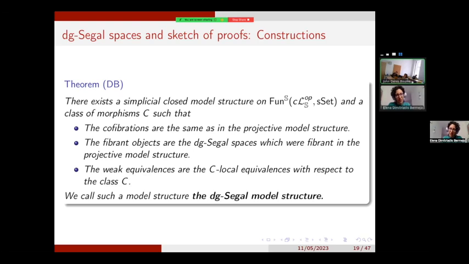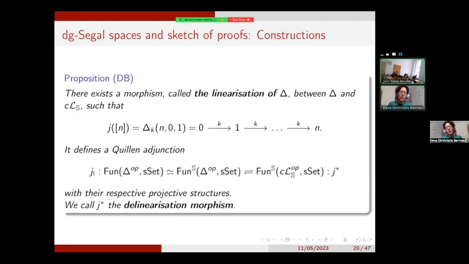In order to do that, we're going to first make a comparison between DG-Segal spaces and classic Segal spaces.